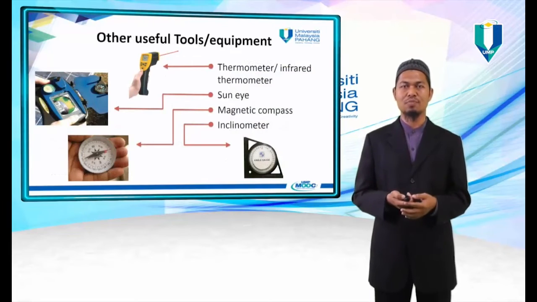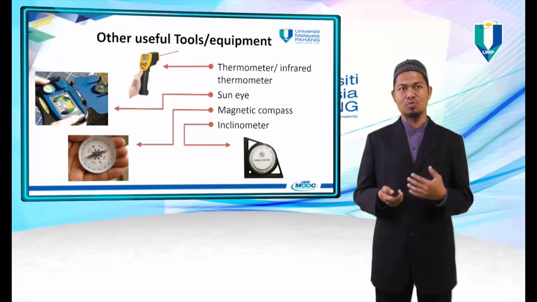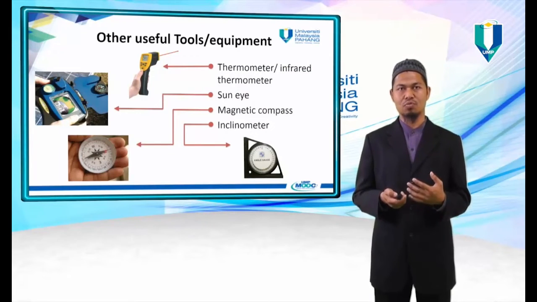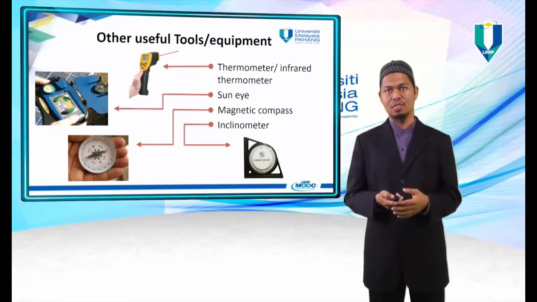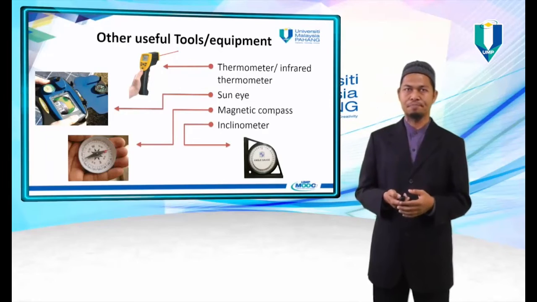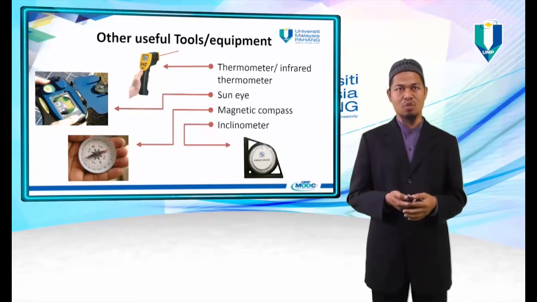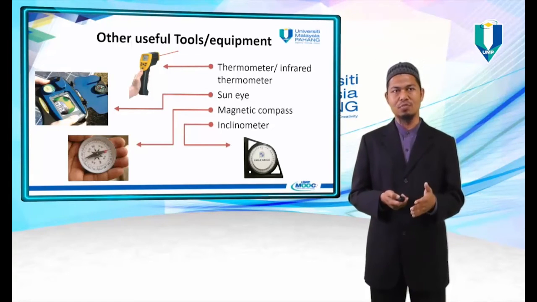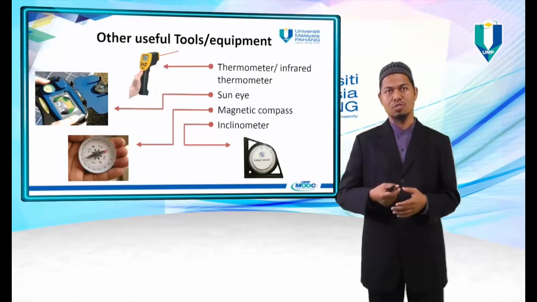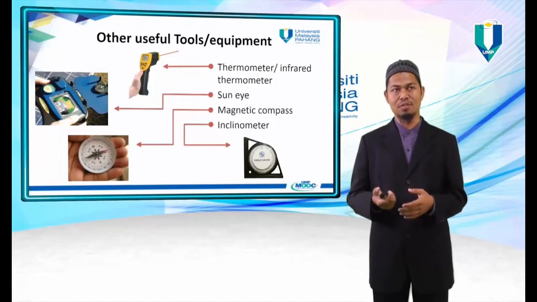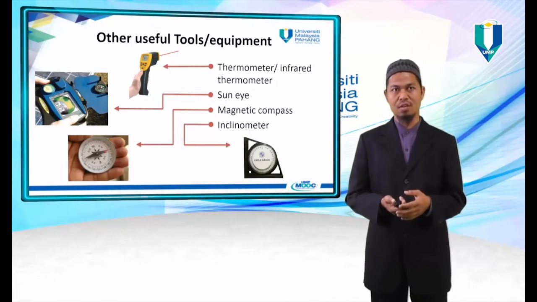Other useful equipment when we want to install a PV system: first is the thermometer, or an infrared thermometer. With this we can measure the performance of a PV module or cell, by measuring the operating temperature of the PV cell.